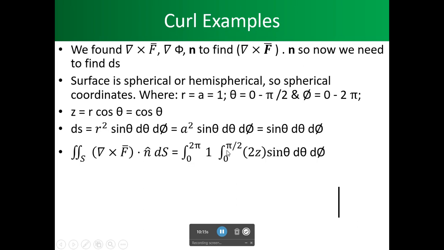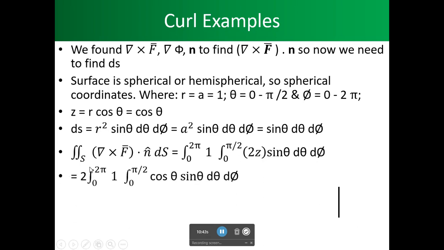So that's from 0 to 2 pi, 0 to pi over 2. And we have this 2z, because that's what we got from the curl dotted with the normal. That's where the 2z comes from. And we already saw that dS was sine theta d theta d phi.